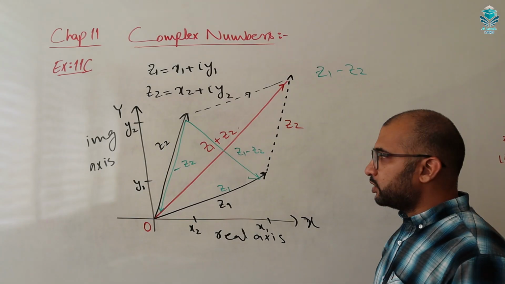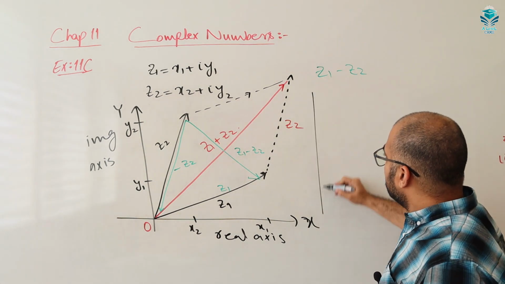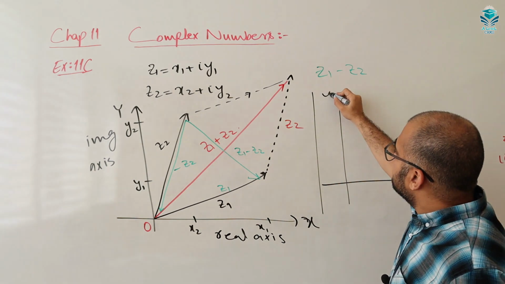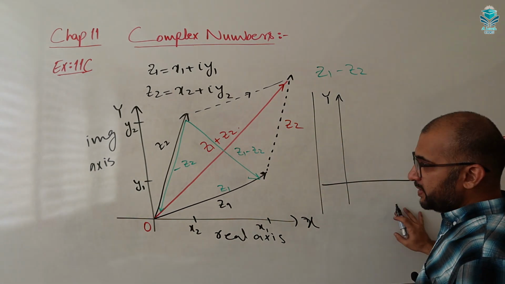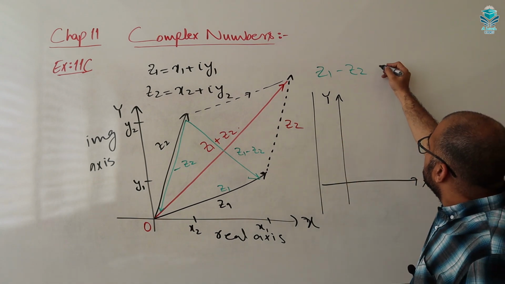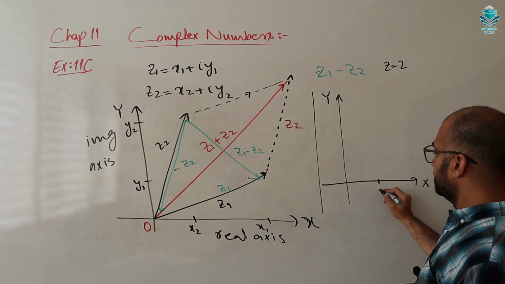So students, now we talk about some geometrical representation of the complex number. Let's say this is the real axis, this is the imaginary axis and this is the complex plane. The complex plane is nothing but the XY plane. Let's say I have Z equal to 2. It means you have it here.